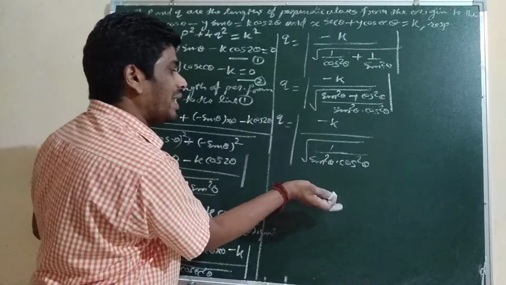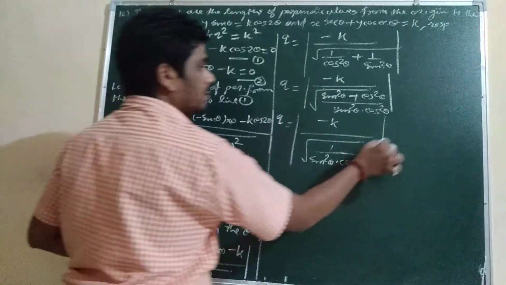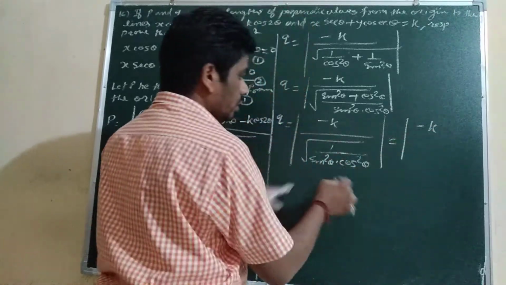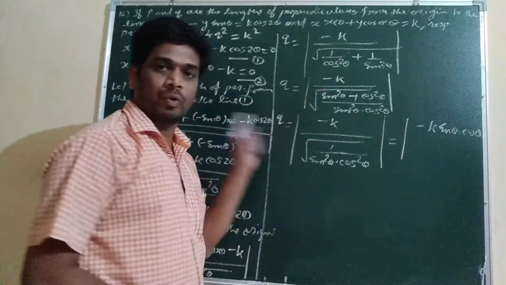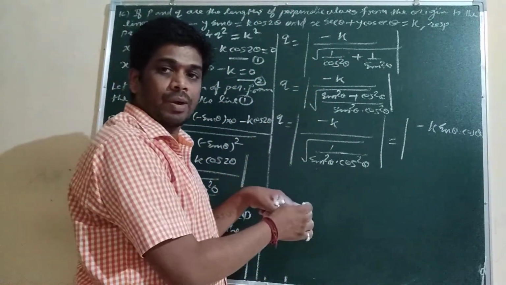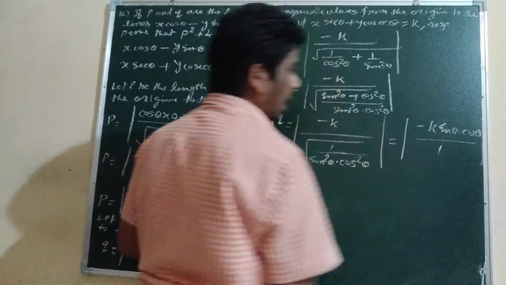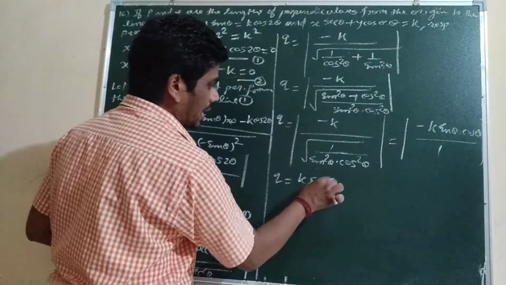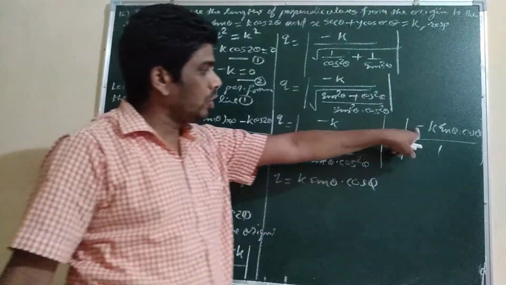If we make it inverse, we get minus k into sin theta into cos theta. Finally we got q equal to k sin theta into cos theta, positive because of the modulus.